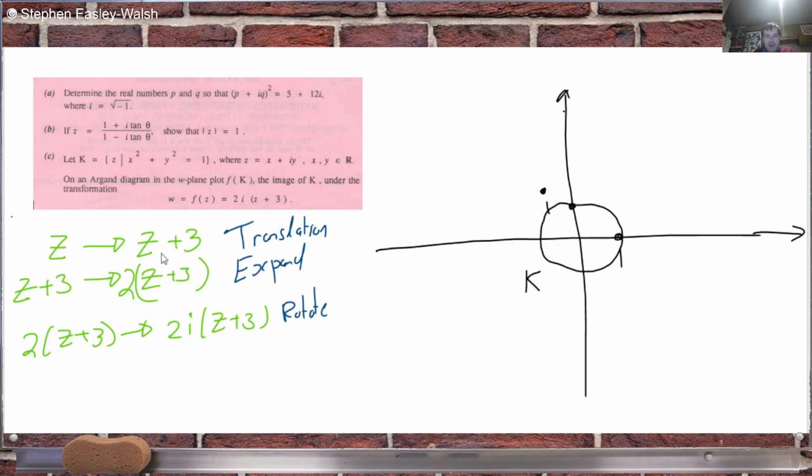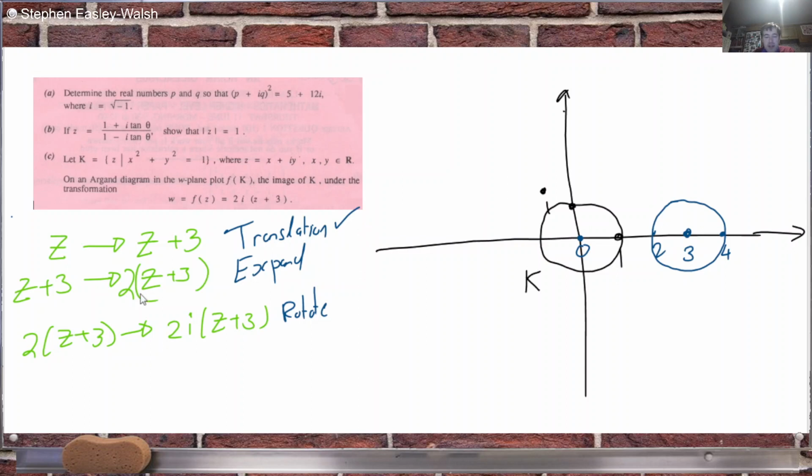So if you add 3 to it, it translates it all by 3. So instead of being here at 0, the center will be over here at 3, and then at 4 and at 2. So that's the first thing done, translation.